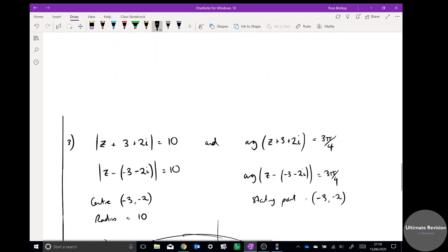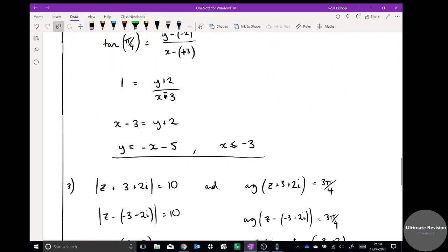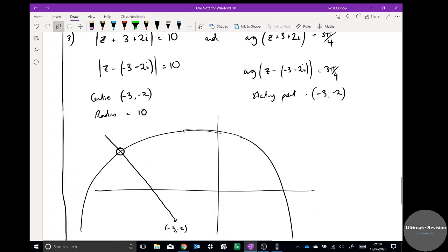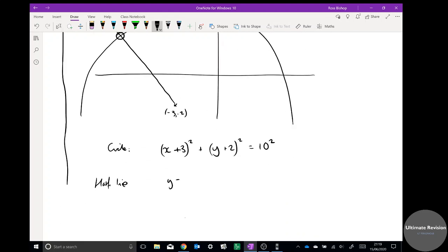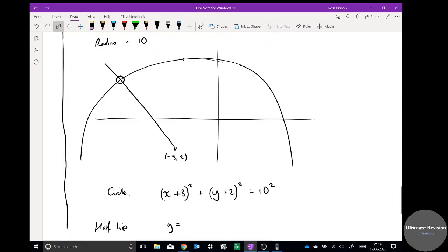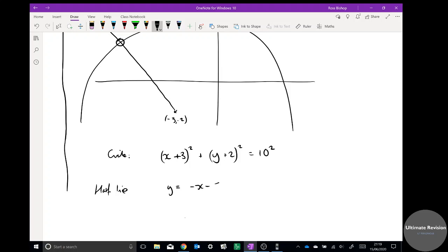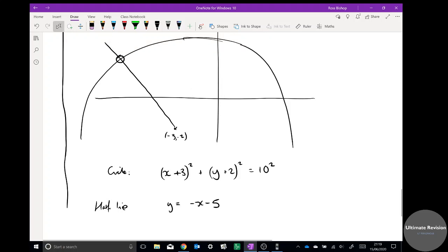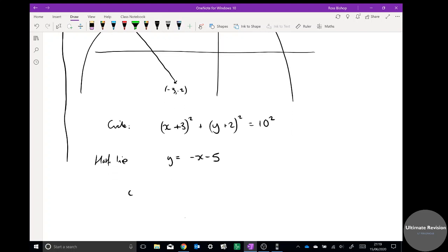It was the same one we just used, so look back up the video: y equals minus x minus 5. You can solve that equation and you'll get two solutions, and you just need to make sure you pick the right solution. You'll find that the right solution should be x is minus 3. I'll let you solve that.